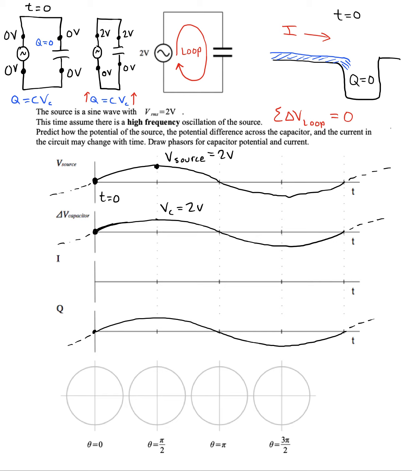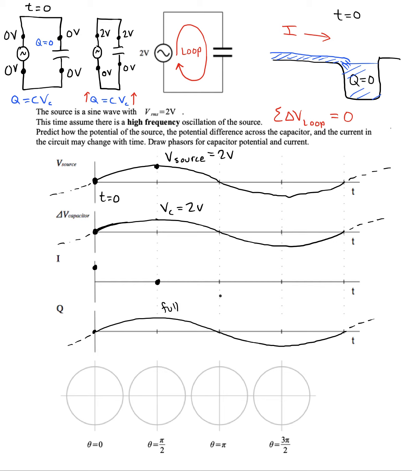do we have to have current in order to start to fill it? The answer is yes. We need current to be flowing while the reservoir is filling up. But what happens when the reservoir becomes full? Well, at that point, we can stop the current. So I'm going to start the current up high when the charge is 0, and then I'm going to let the current go to 0 when the capacitor is full.